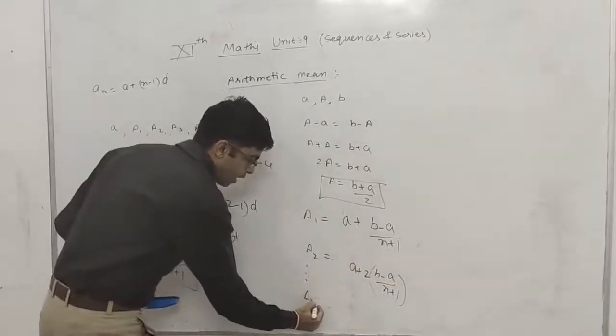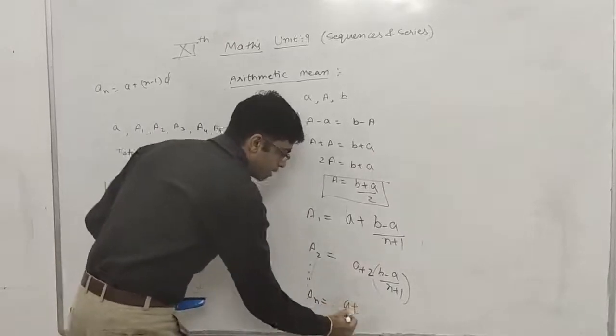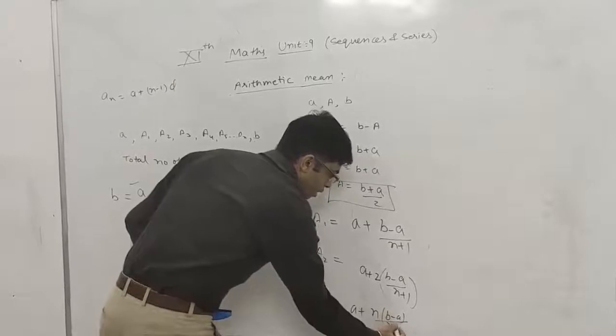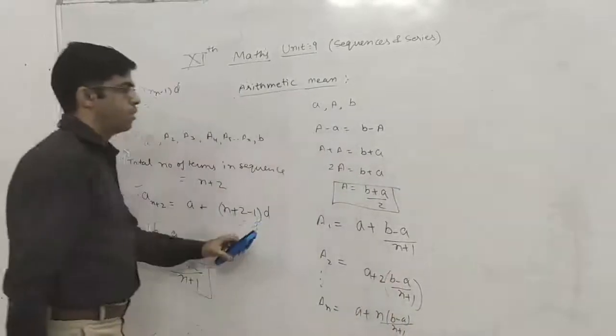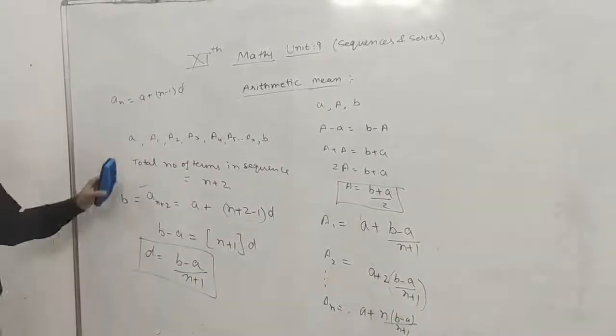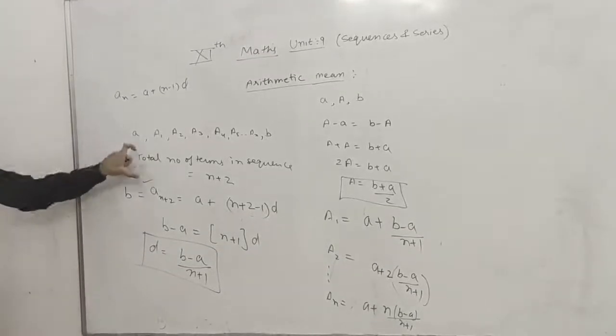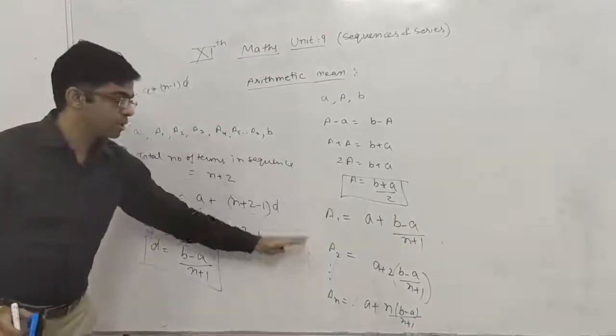Similarly, an will be a plus n multiplied by (b minus a) upon (n plus 1). We will implement this in the question. We will use this concept in the question. Then you will clearly understand how this is working.